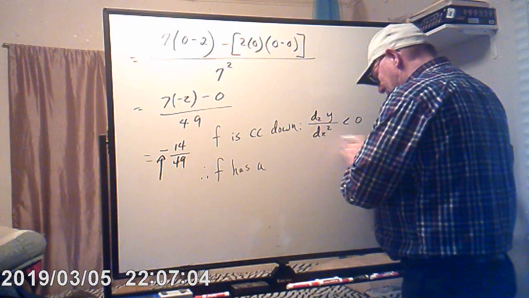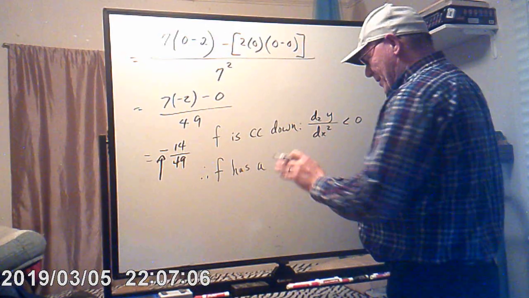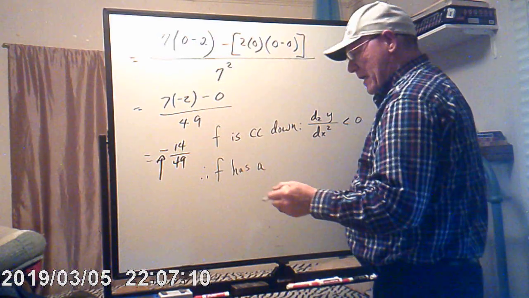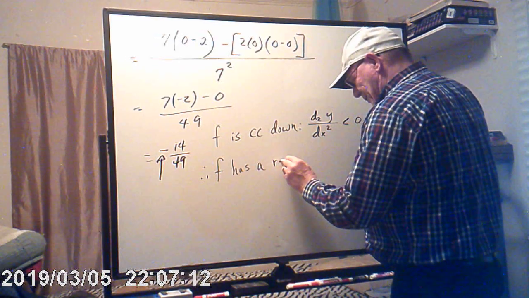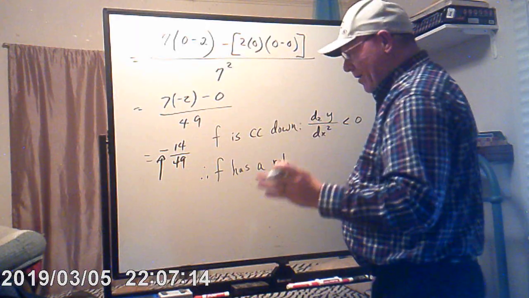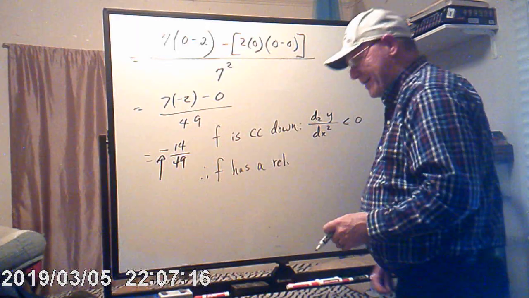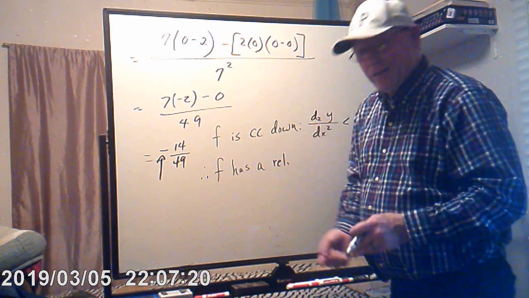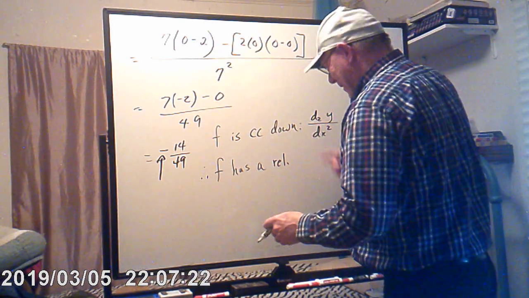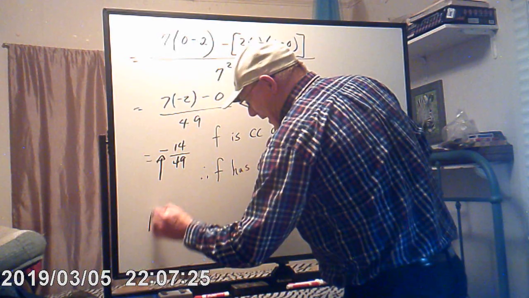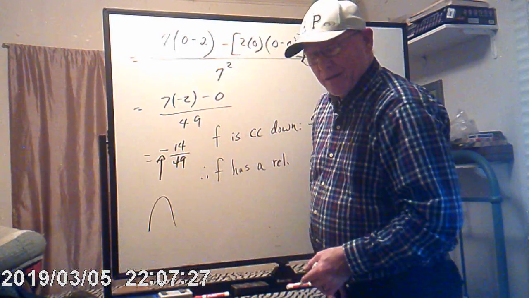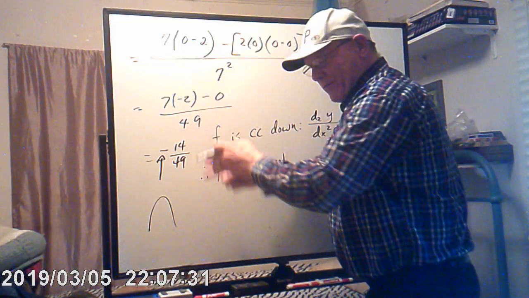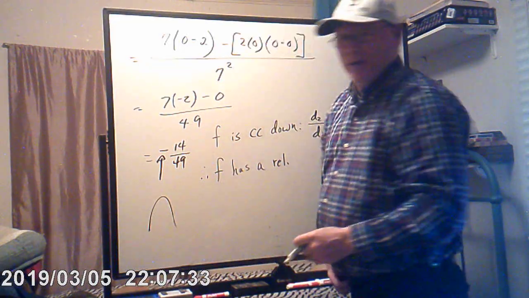Okay, the second derivative. Alright, so f has a relative... Now, you know what the temptation is. This is negative, well, it's going to be a min. No, you got to remember, if this is negative, that just means the concavity is down. Don't say this is a min here. This is the second derivative. This is just showing concavity.